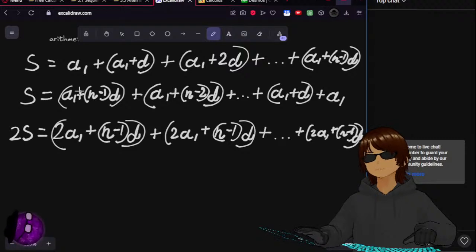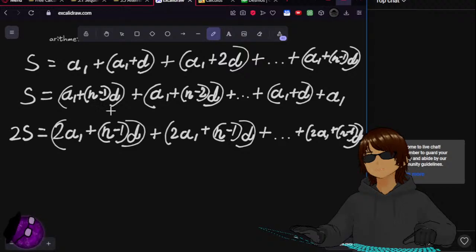This makes sense because a1 is being added twice in each term, and we are adding the first and last one. It's always going to be n minus 1 d.